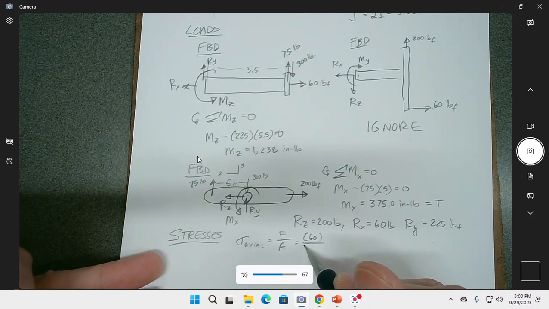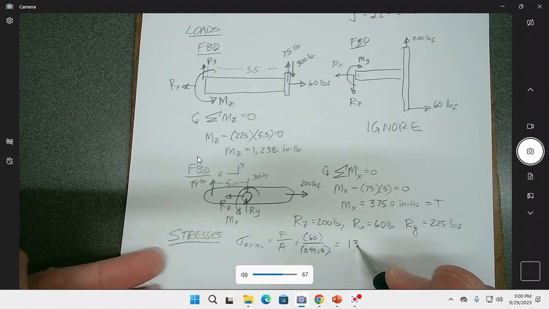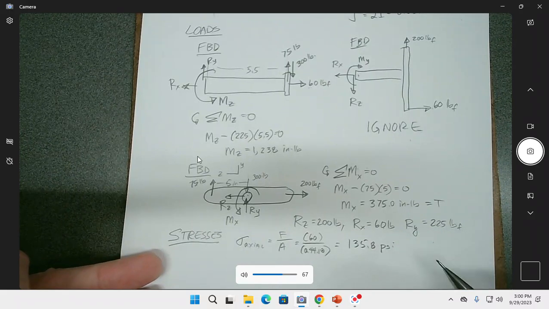Probably not going to be a lot. 0.4418 is the area. It's only 135.8 psi. Not a lot. It's tension though.